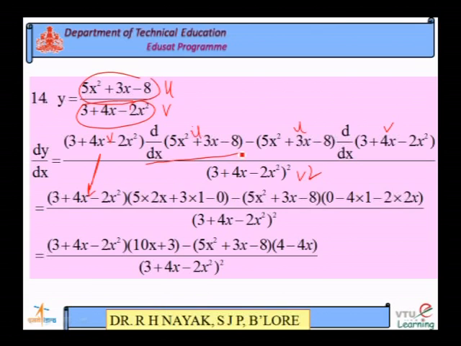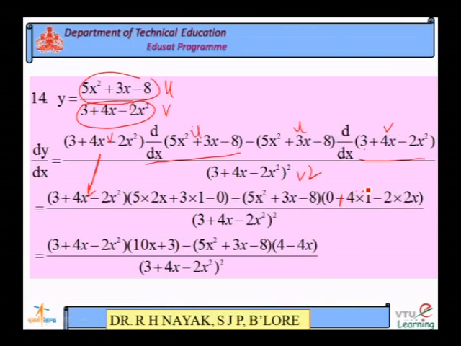Minus of, we have written u as it is, that is 5x square plus 3x minus 8 as it is, then differentiation of 3 plus 4x minus 2x square. Differentiation of any constant is 0, plus 4x, 4 into 1 minus 2 into, for x square it is 2x.